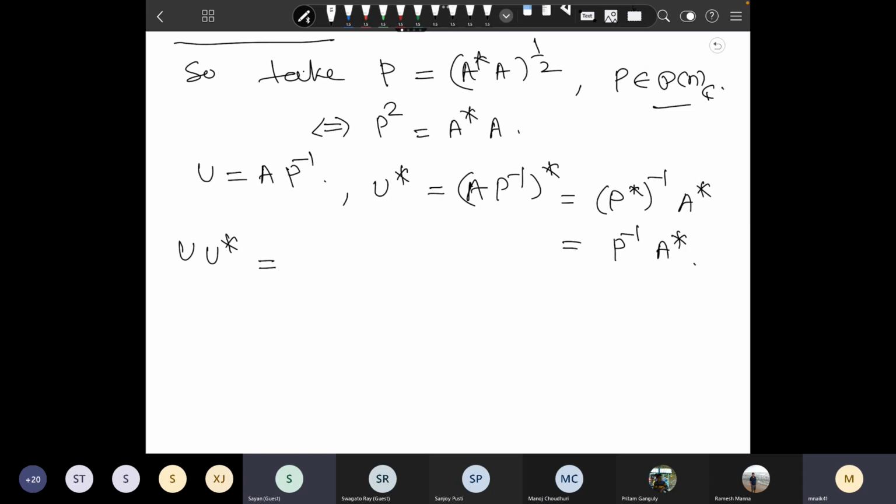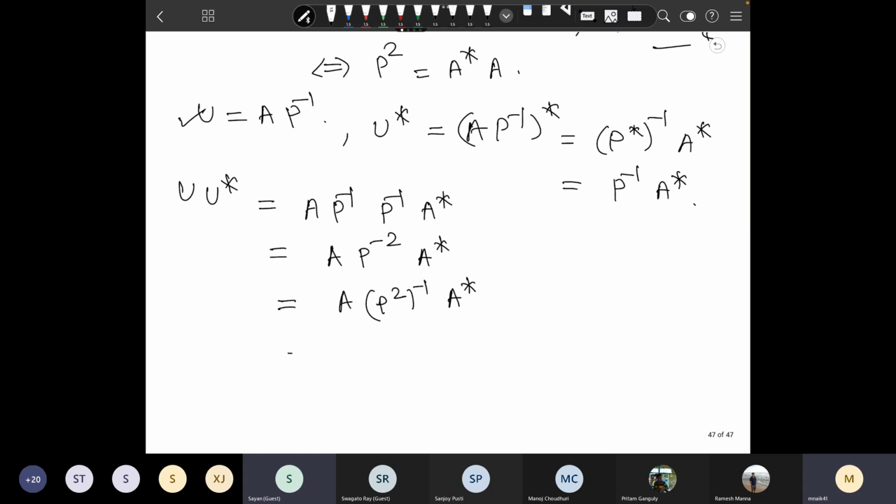So now can I proceed? Sure. So P has to be this. Therefore, U is equal to AP inverse. U star is equal to P inverse A star. So I want to check that U is unitary. U star U is AP inverse and P inverse A star. So this is A P to the power minus 2 A star. But I can write that as A (P square) inverse A star.